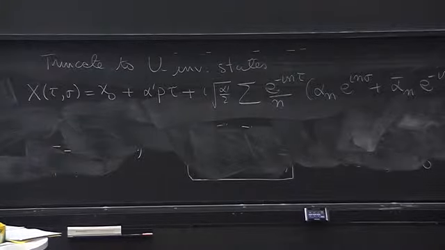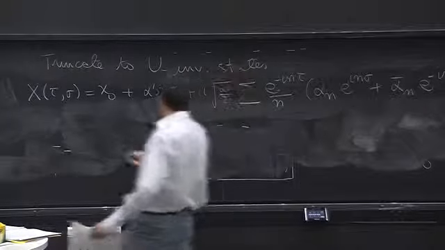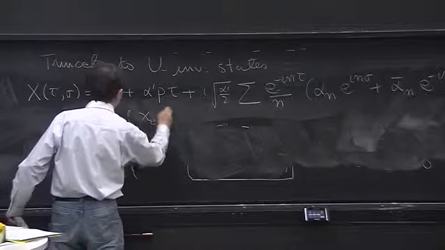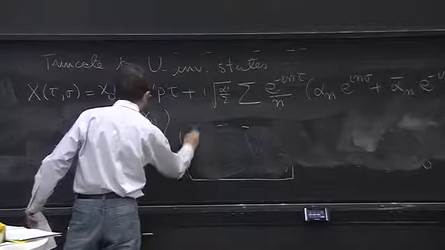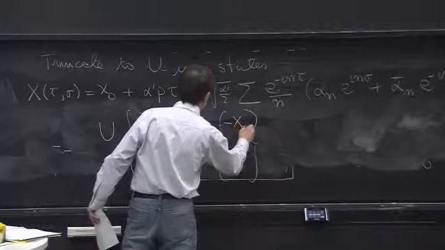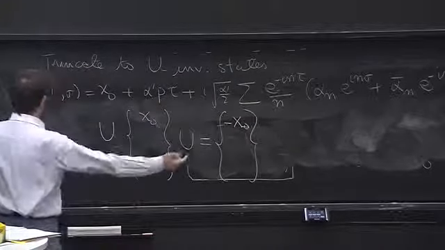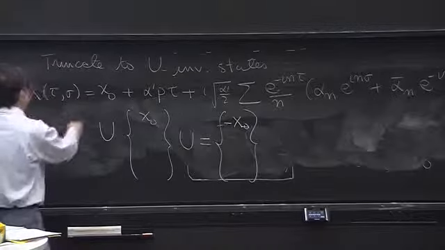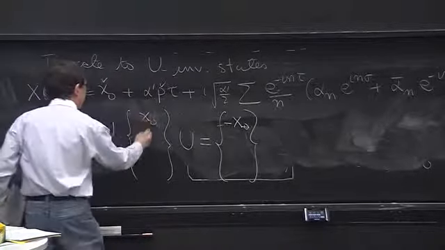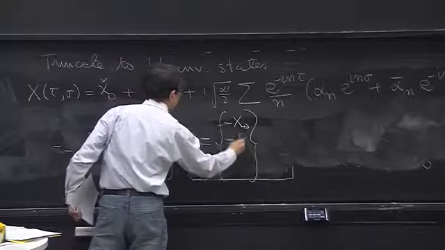Well, if U does this, it's clear that U acting on x0 should give you minus x0. Because if U acting on this is supposed to give you minus x, the operator here is x0. Here is p, so acting on p must give you minus p.